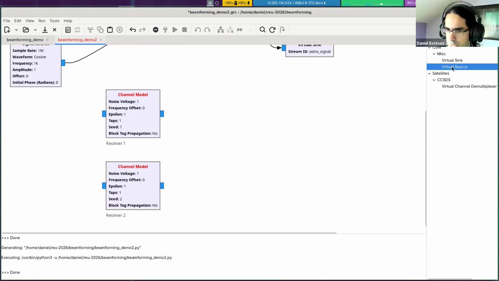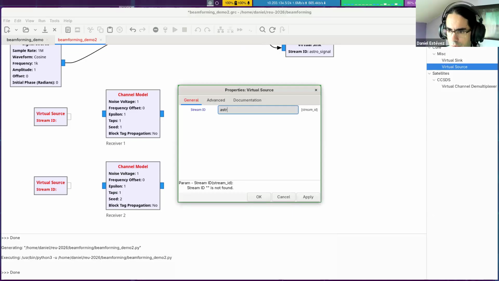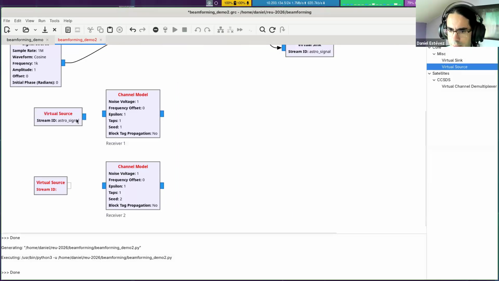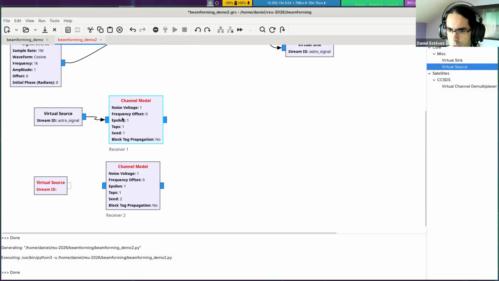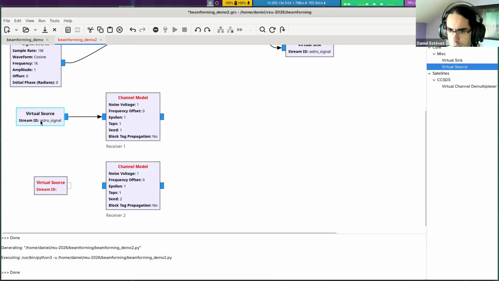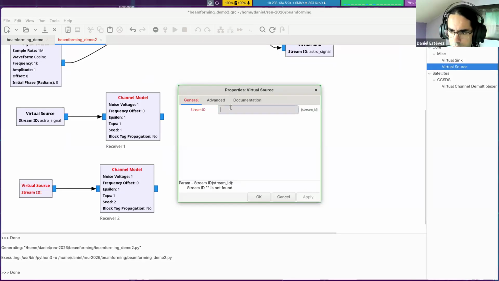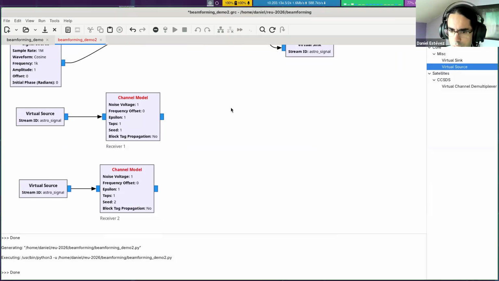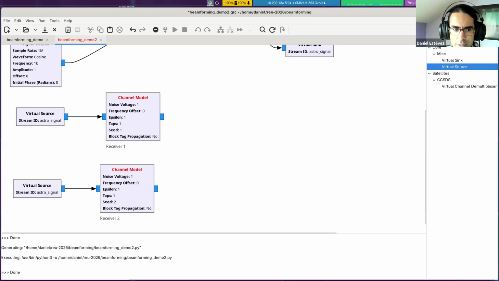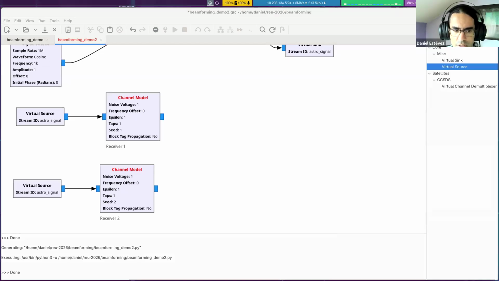This is my astronomical signal. And then I can have a virtual source for each of the receivers. Then I don't have to have lines running all over the place, which is convenient. So I also need to type in here astro signal. And these are our receivers.